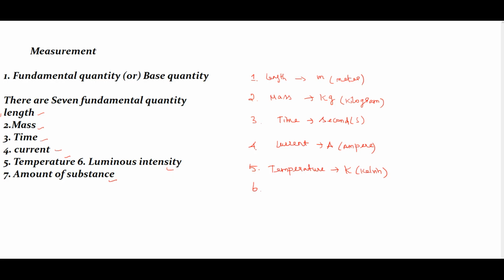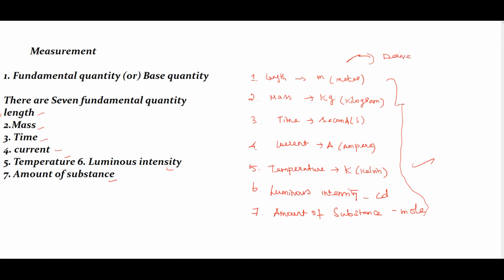Then sixth, luminescence intensity, that should be candela. Then seventh, amount of substance, unit will be mole. Okay, from these 7 fundamental quantities only we derive the derived quantities.